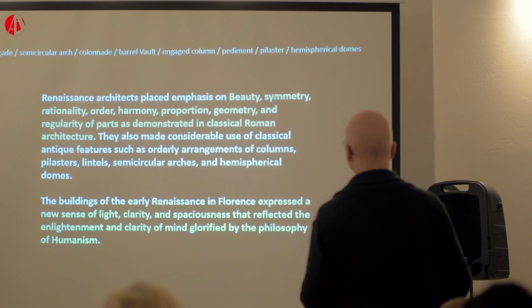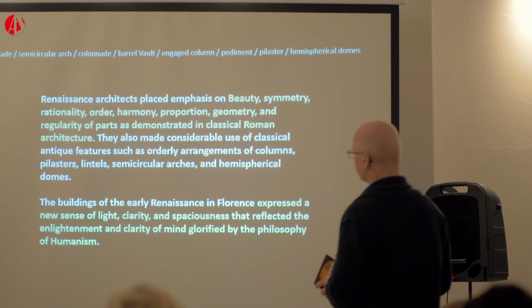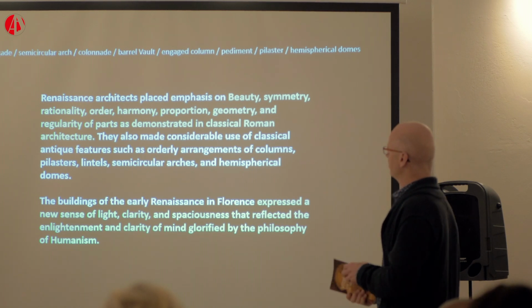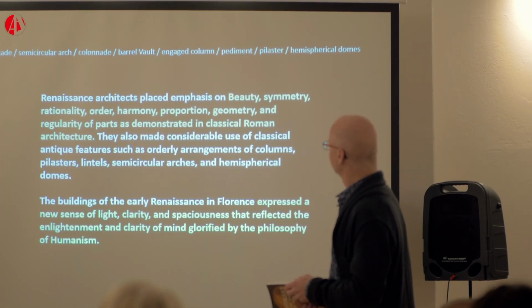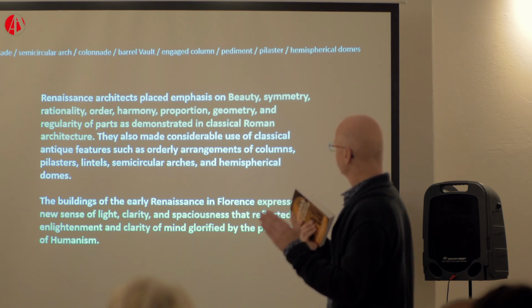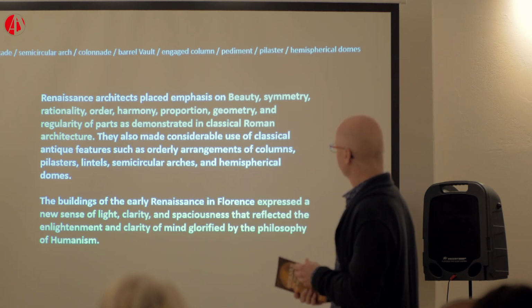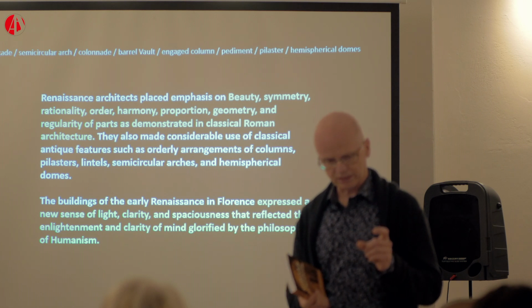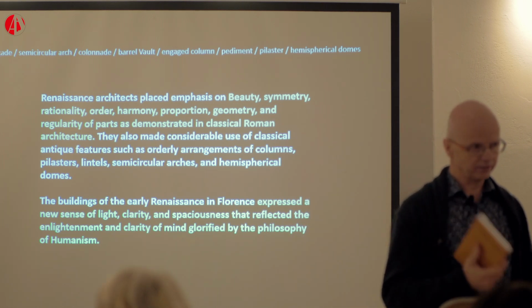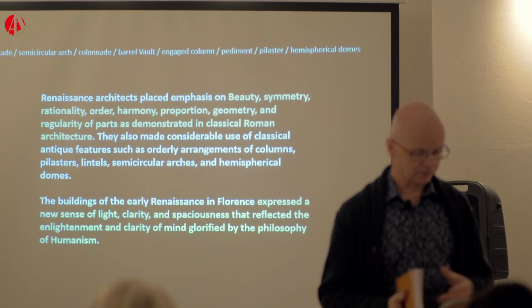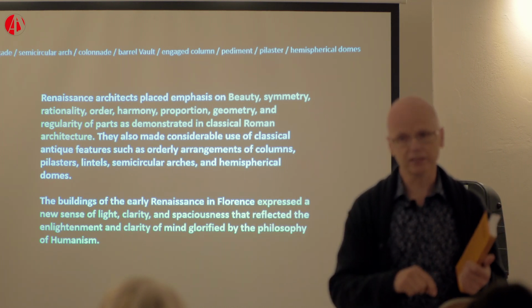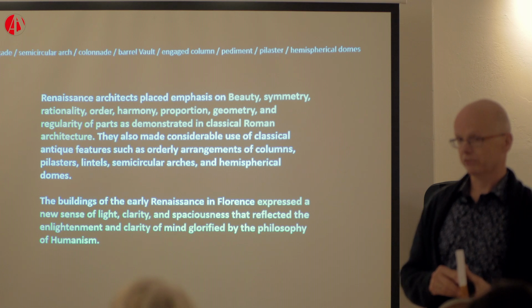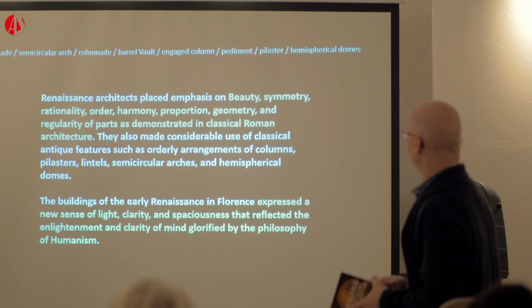So beauty, symmetry, rationality, order, harmony, and proportion, geometry, regularity of parts. And they all used this as it was in antiquity. So the Renaissance was just a reconnection. They reconnected back to antiquity, especially in Rome.